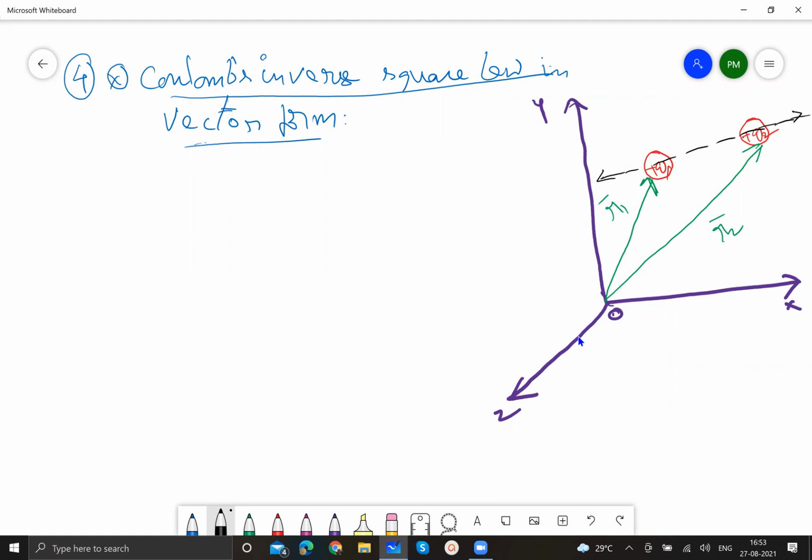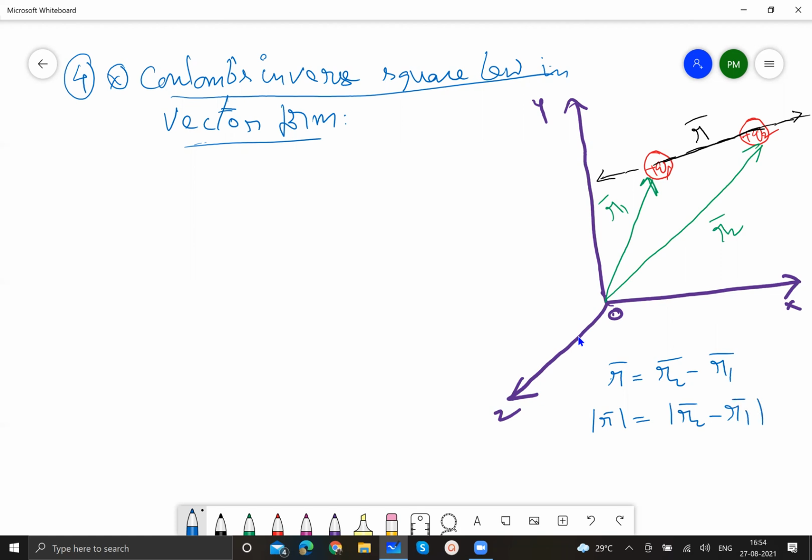Because it's repulsive, it acts away from each other. So this is the position vector r bar joining these two charges. From vector addition, we can write r bar is equal to r2 bar minus r1 bar, and modulus r is modulus of r2 minus r1.